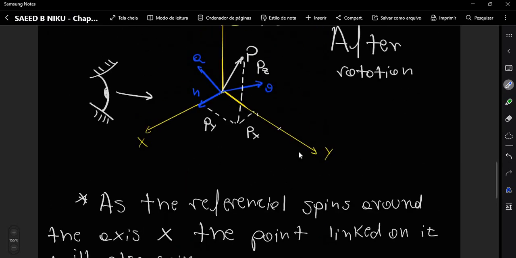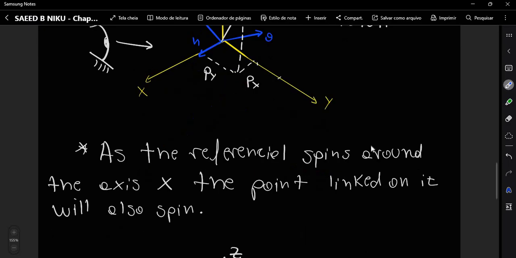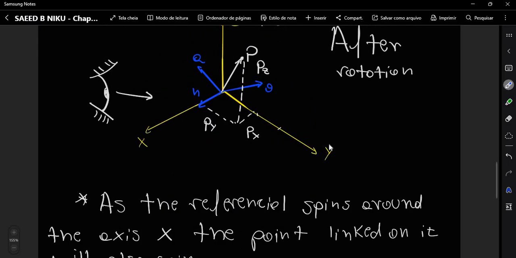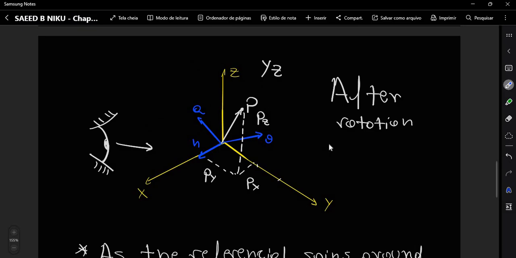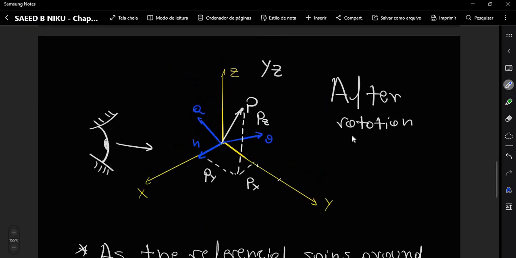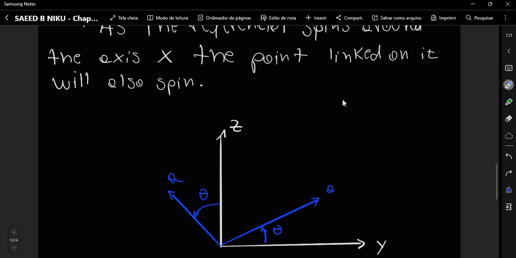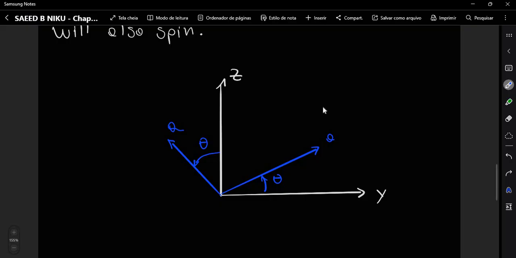So as we are looking at the front, we will only see the axes YZ. And remember, the unit vector N is on top of the axis X, and it doesn't have any change because the rotation is about this axis.